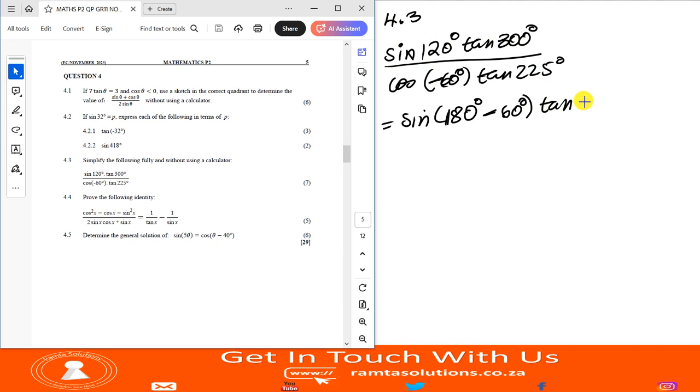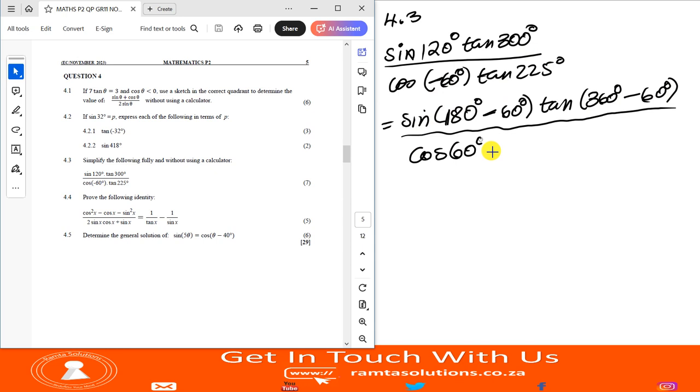Now 300 seems to be in the fourth quadrant. So in the fourth quadrant we work with 360. So 360 minus 300 is still 60. Now cos negative angle of 60. Cosine of a negative angle is positive, so it will be simply cos 60 degrees.